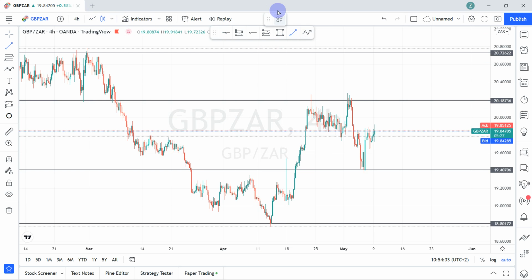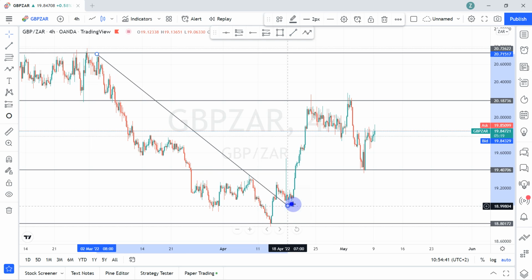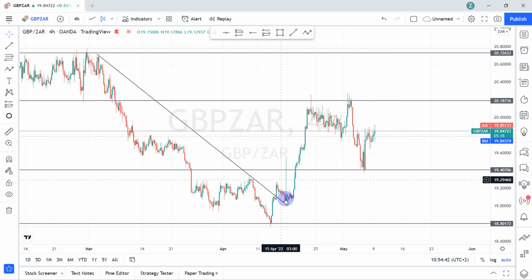If I switch back to candlesticks, you will see that the market was in a bearish trend. It broke out, retested here, and pushed to the upside impulsively.